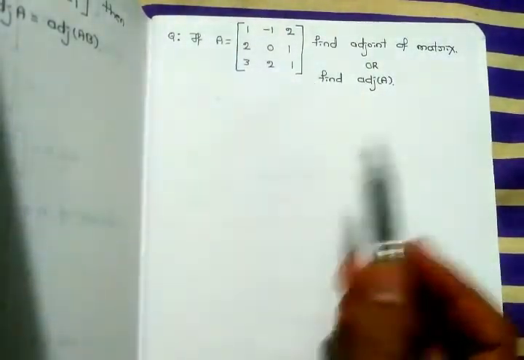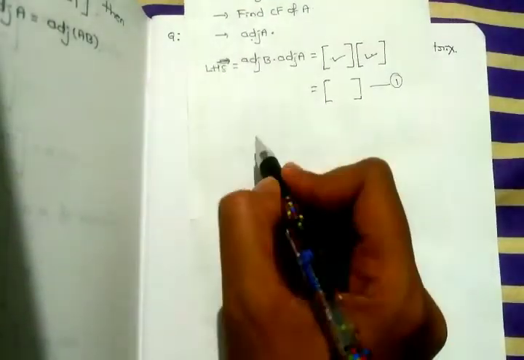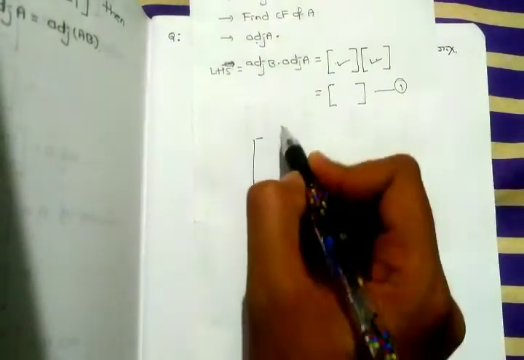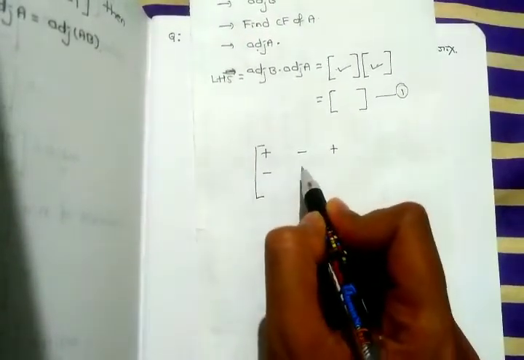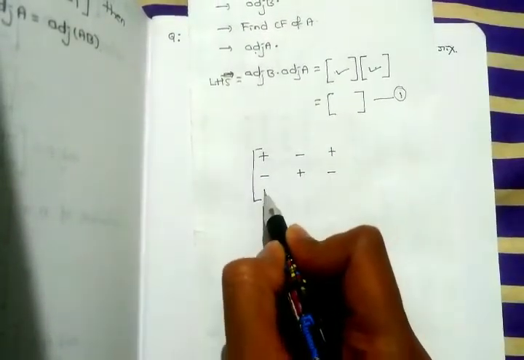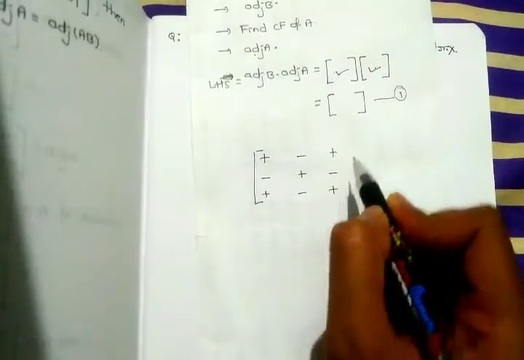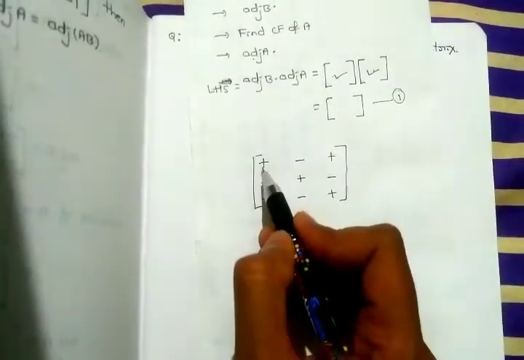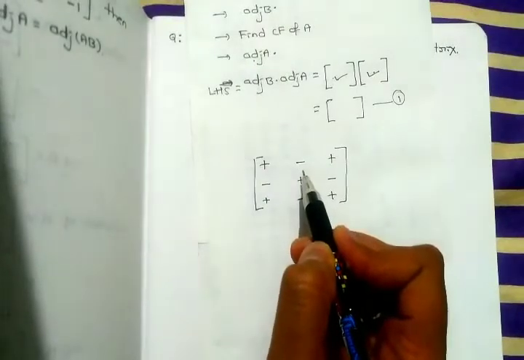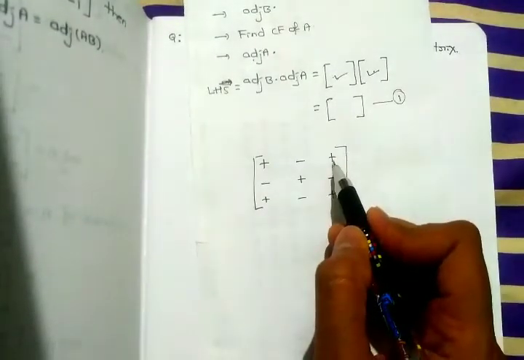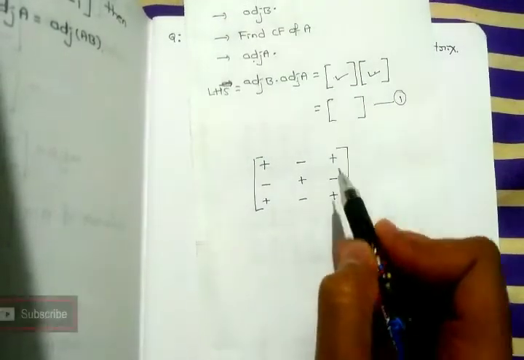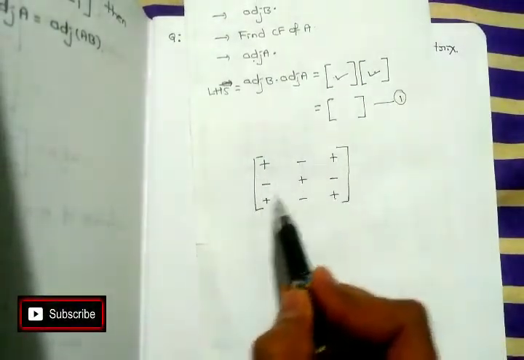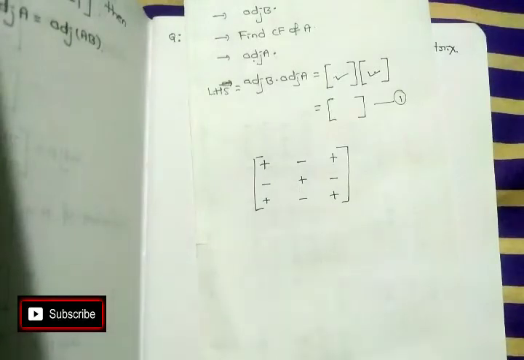For third order, the sign rule is plus minus plus, minus plus minus, plus minus plus, alternating signs. First element plus sign, second element negative sign, third element plus, then minus plus minus plus minus plus. So this is the sign rule for third order.